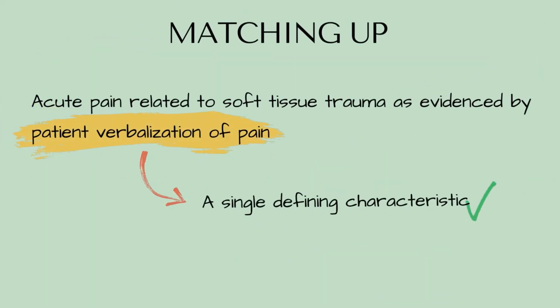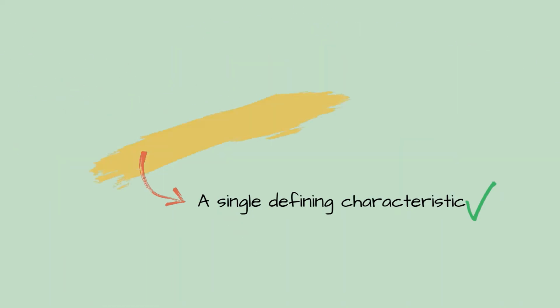Take the NANDA label acute pain, for example. Because NANDA defines pain as a subjective experience which is present when the patient experiencing it says it is there, all you need is the patient's verbalization that they are experiencing pain for you to accurately use that label. The addition of other defining characteristics for this diagnostic label is not mandatory, but their addition can help to make the diagnosis more specific.